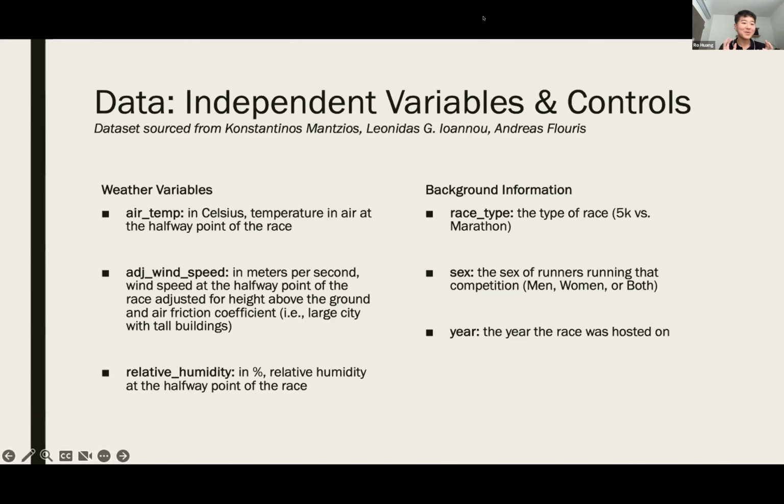And this leads to another point that I made while trying to define my model and think about what exactly I wanted to study. While there were a large variety of races within this data set, for example, we had the mile, we had the 10K, I really wanted to compare short and long distance running.